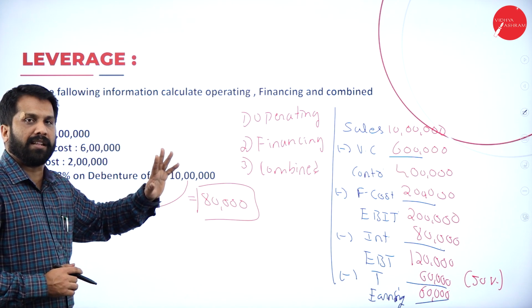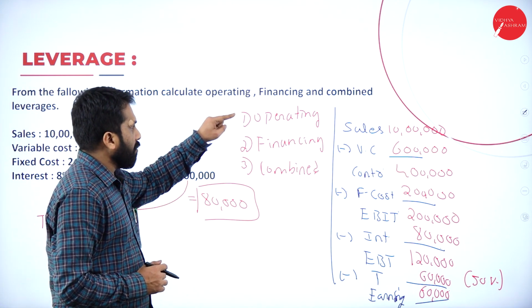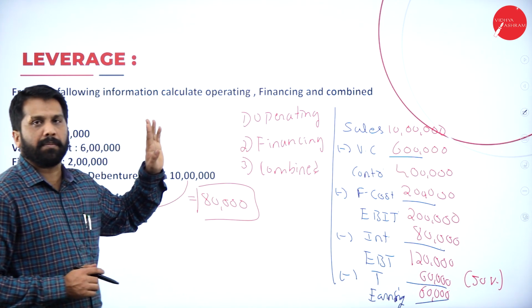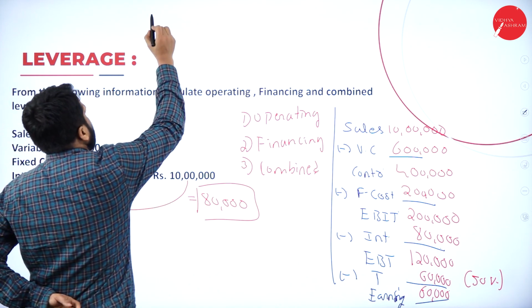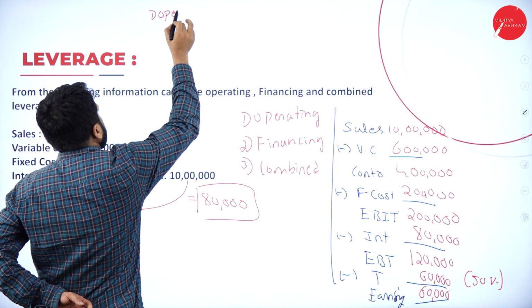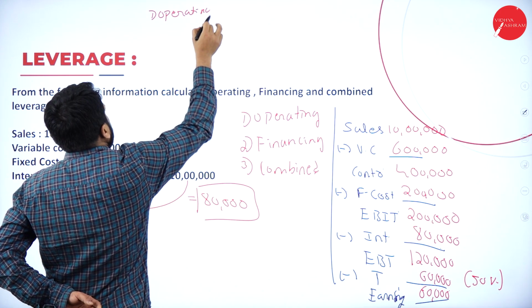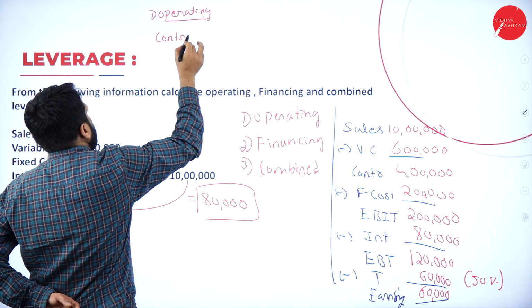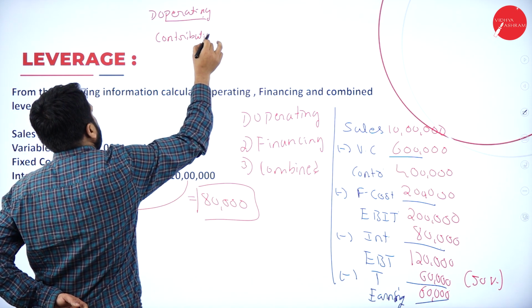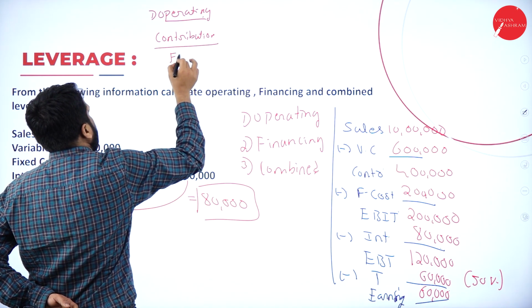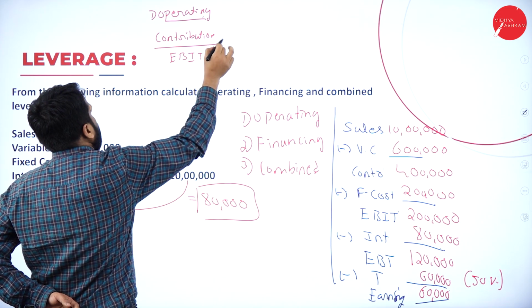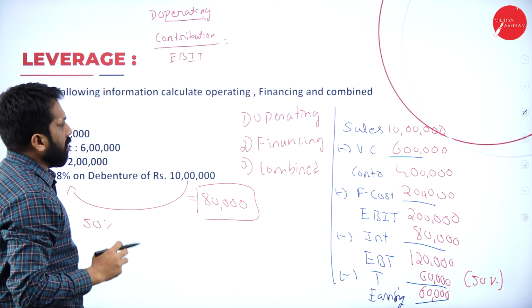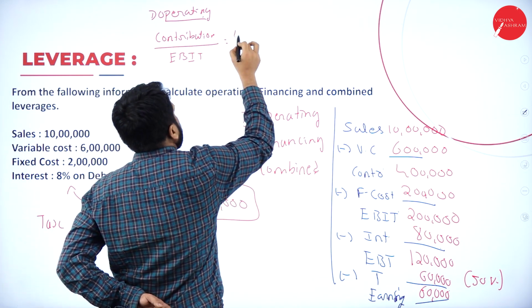Once you're done with your calculation, now we will calculate what is operating, financing, combined. Now, I'll go with operating. Operating: contribution divided by EBIT. What is your contribution? The contribution is 4 lakh.